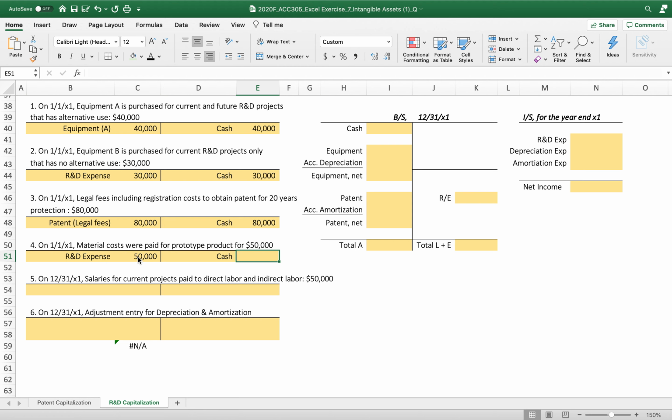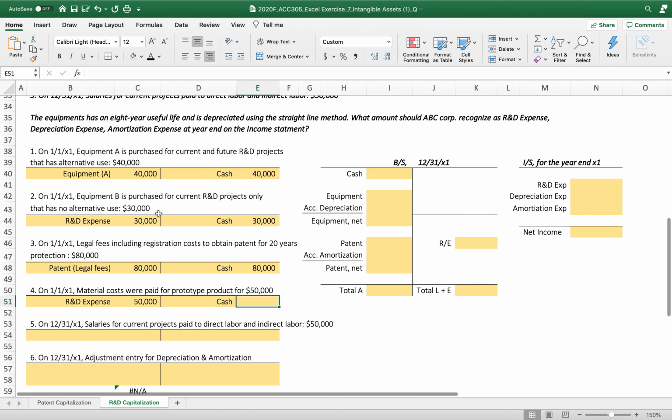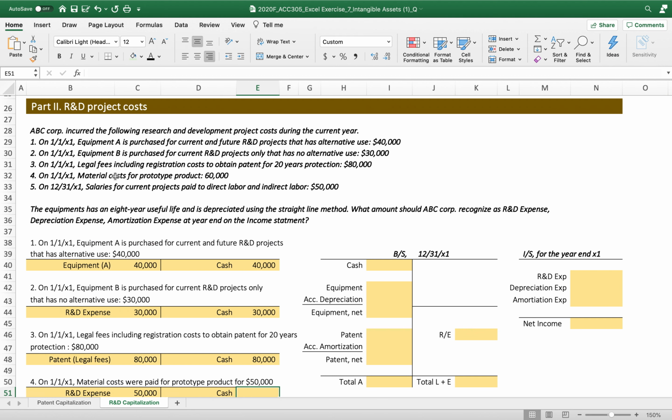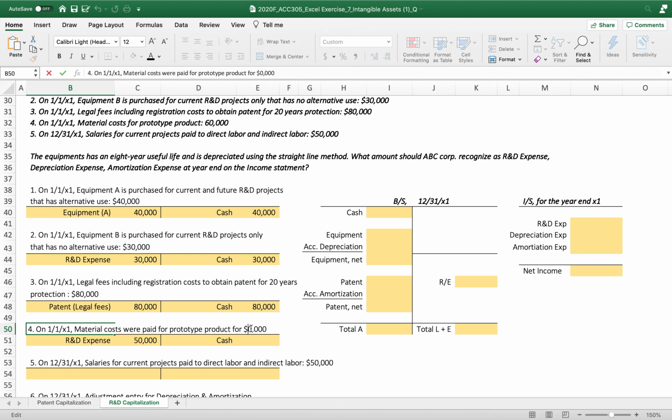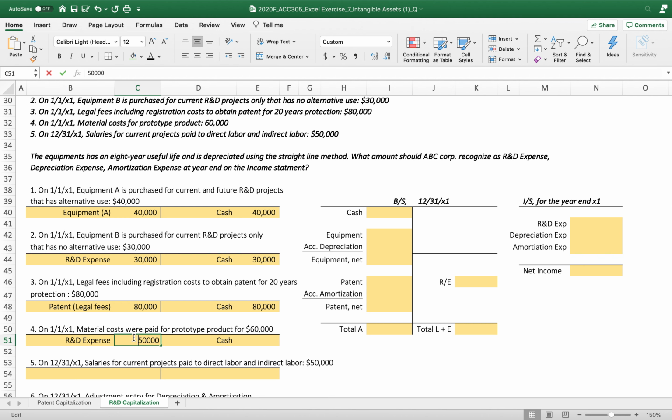Oh, just material cost. That material cost, as I read, I'm sorry, that is not the 50, that is the 60. So let's change it to 60. Cash out 60,000.